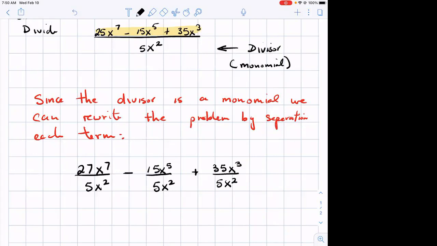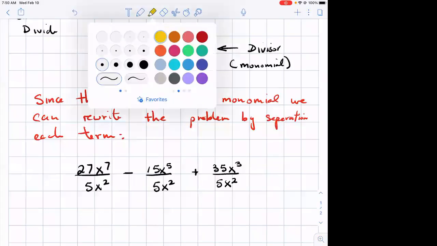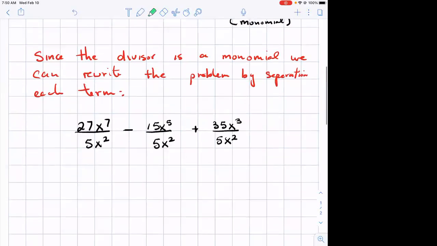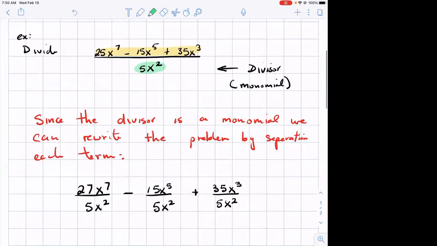Once again, this is only because your divisor is a monomial, a one-term polynomial. Now we can divide each term. Remember, terms are separated by a plus or minus. I wrote 27, there should have been a 25.